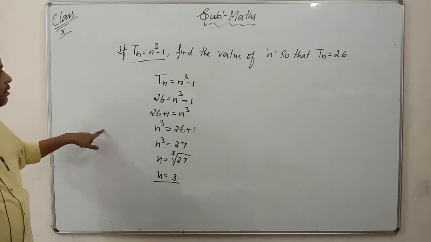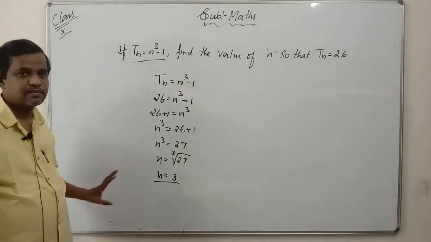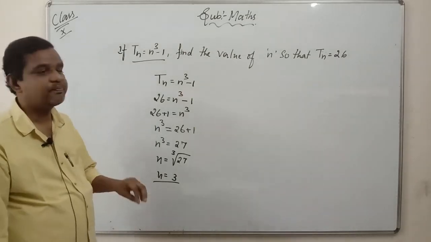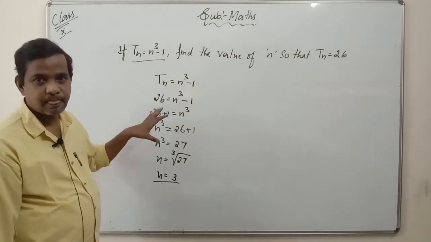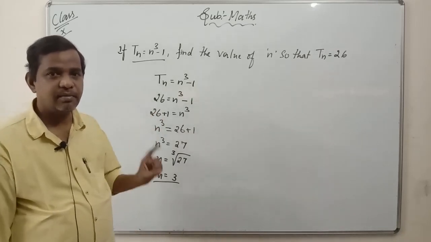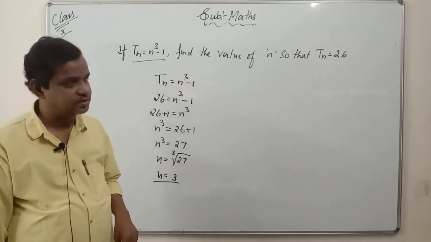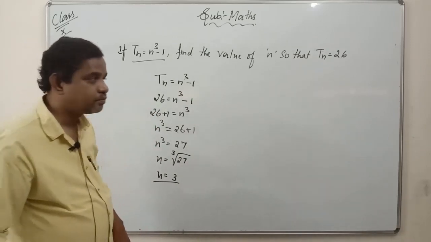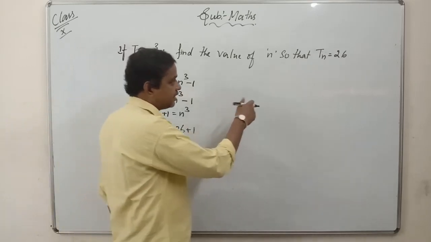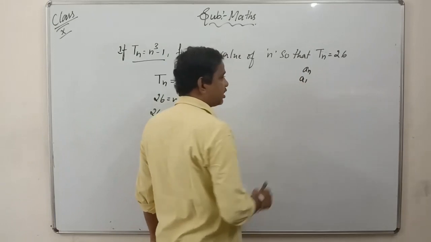So we did, I think, 4 to 5 problems here, different kinds of problems, so that it will be easy for you to understand what is the nth term, what you mean by sequence, what you mean by finite sequence, what you mean by infinite sequence, and how to find the nth terms also. Once again I am telling you, here he has mentioned Tn, you can go with An also or A1 also, whatever you want you can take.